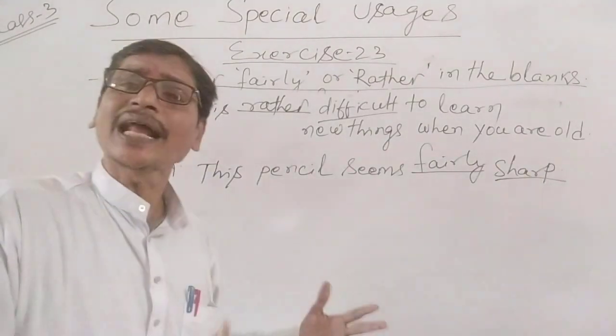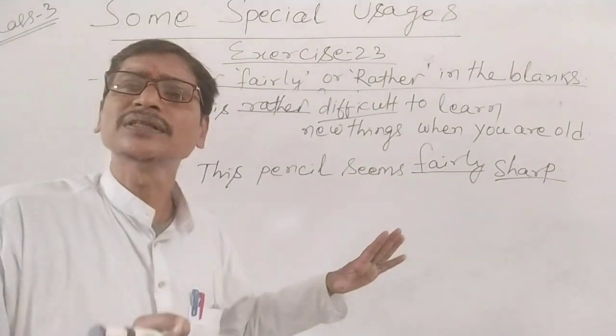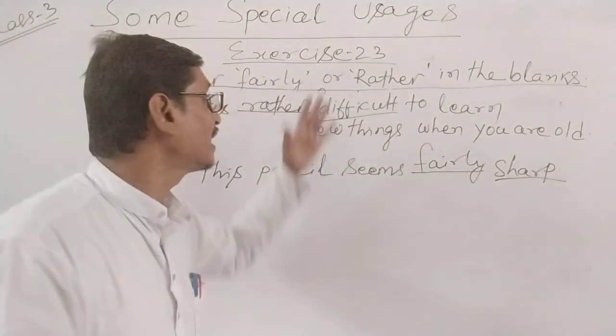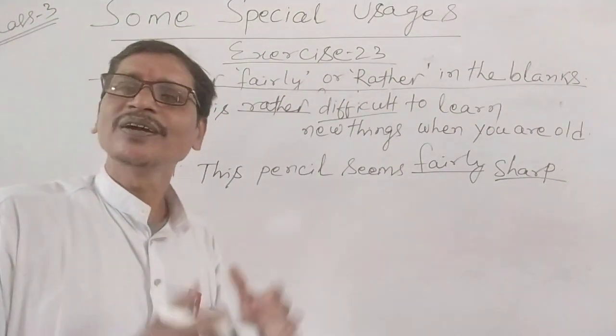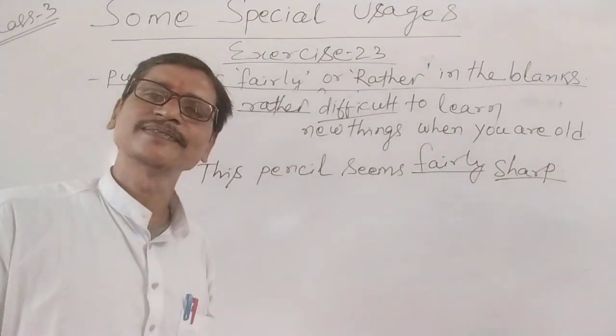In the next class, we will discuss fairly again with some more rules and other exercises. That means exercise 24 we will discuss in the next video with more understanding about the use of fairly and rather.